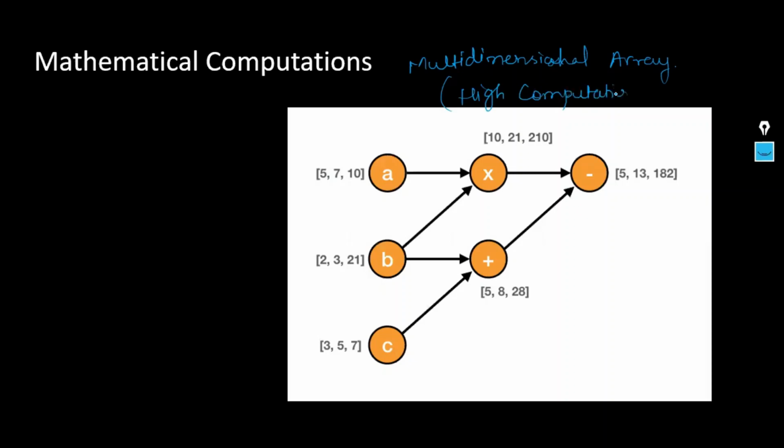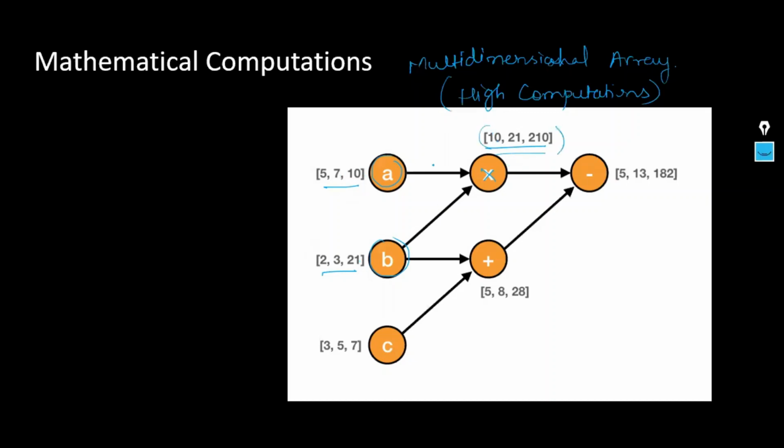Computation means calculations. For example, if I'm taking two units, each having a value, and multiplying them, then we get this computation, right? 5 into 2, 7 into 3, 10 into 21. You get this, right?